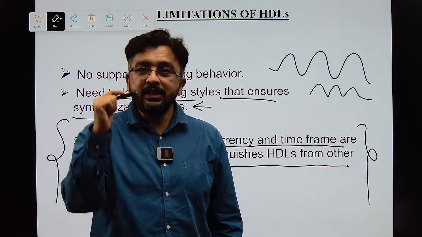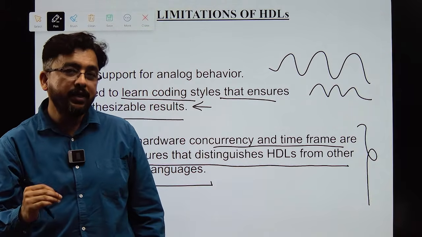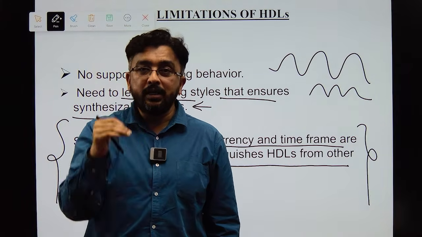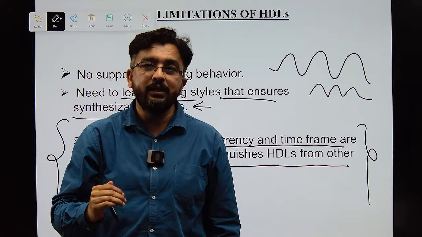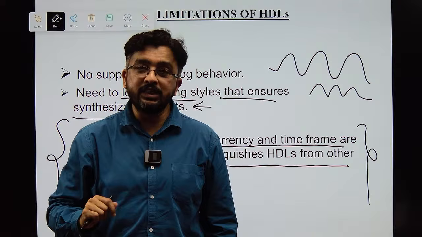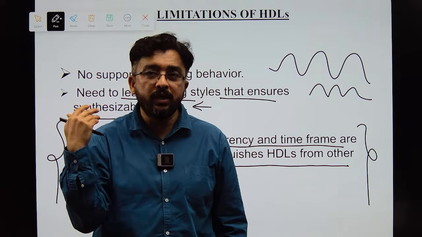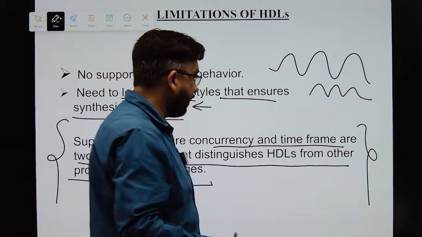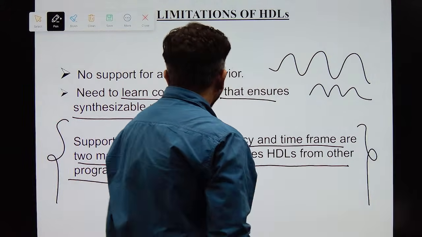Because C is executed sequentially, but HDL is executed in parallel, concurrently. This is the best part of a hardware description language, and this is exactly what we require in a hardware description language. Okay, next.